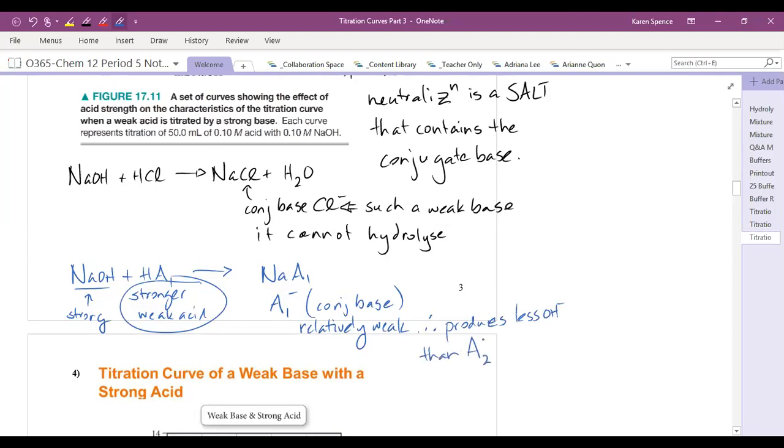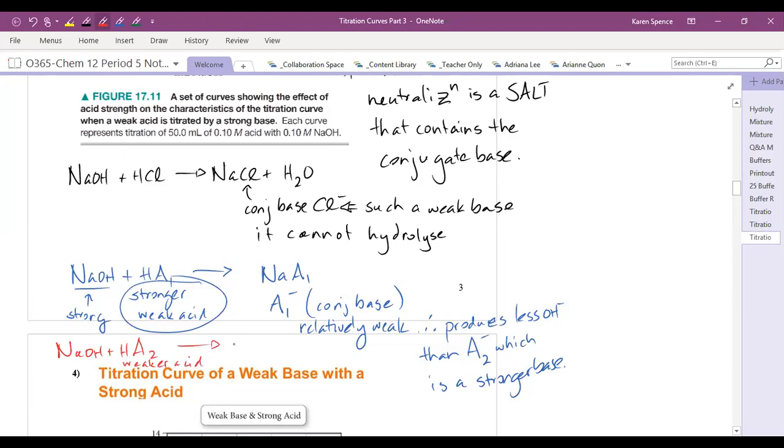A2-, which I've run out of room to write the reaction for, which is a stronger base. Okay, so if we had NaOH plus HA2, this is a weaker acid.